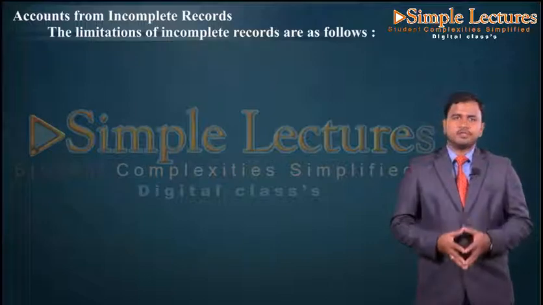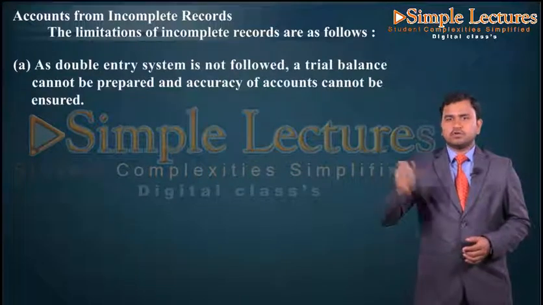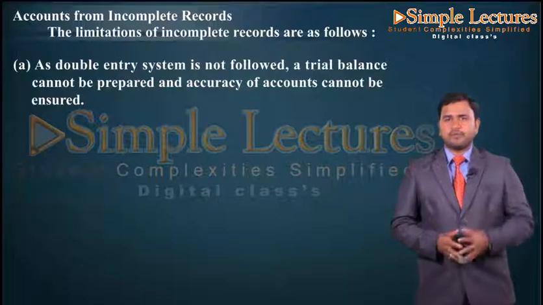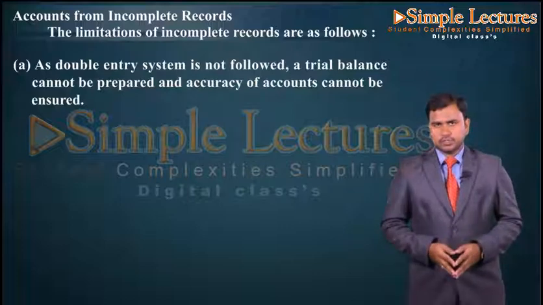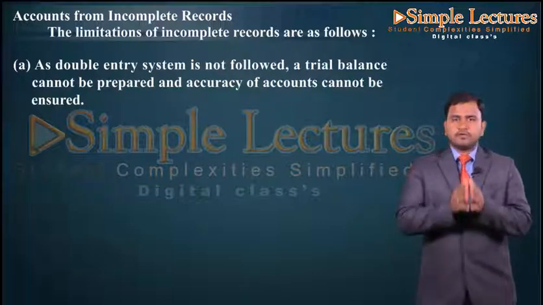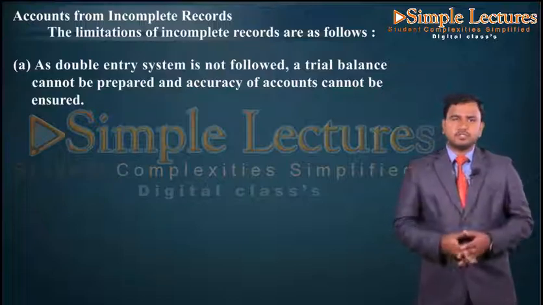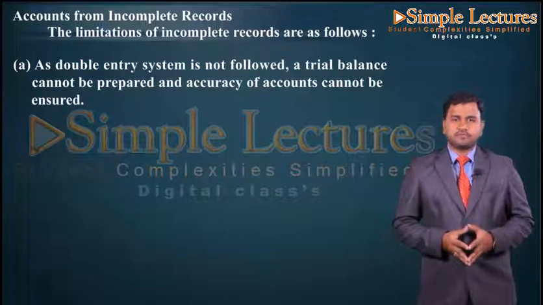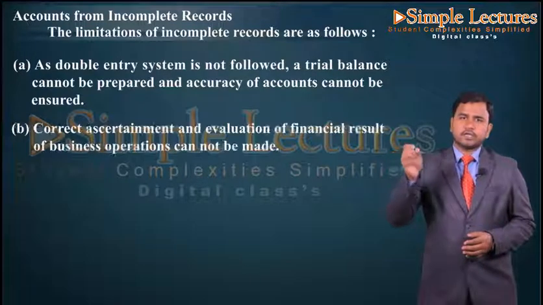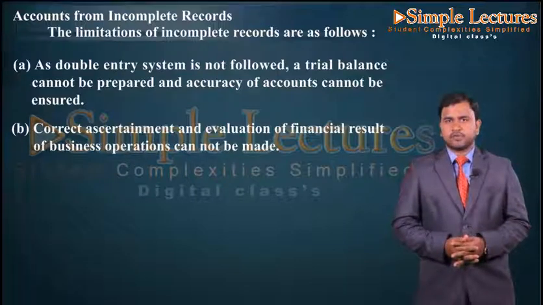When coming to the limitations, we have: as the double entry system is not followed, a trial balance cannot be prepared, and accuracy of accounts cannot be ensured. As I already discussed, when they are not following the double entry system, there will be no accuracy in the accounts they are preparing. And the second limitation we have is that correct ascertainment and evaluation of the financial result of business operations cannot be made.